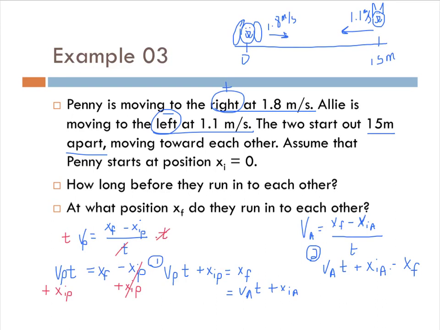Another thing we can cross out before we start putting in our numbers is the fact that Penny starts off at initial position equal to 0. So that simplifies our equation even more. I'm going to go ahead and write this on another page. So, velocity of Penny times time is equal to velocity of Allie times time plus the initial position of Allie.